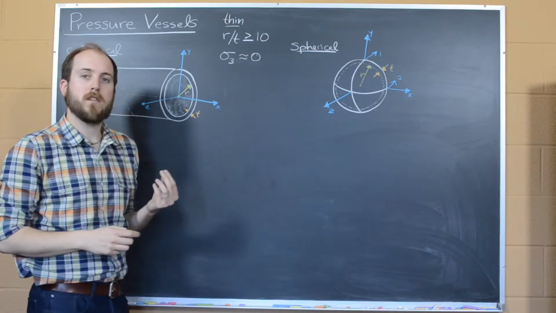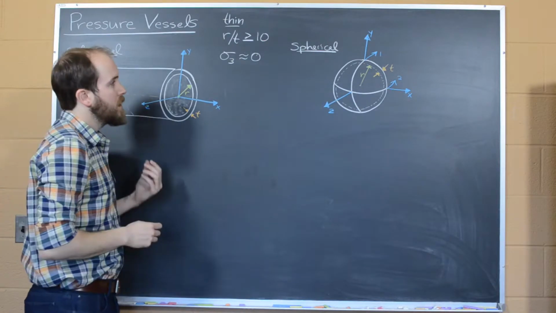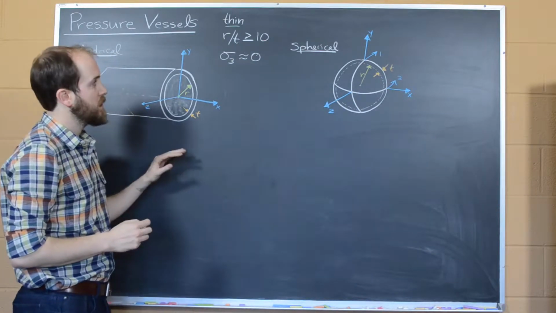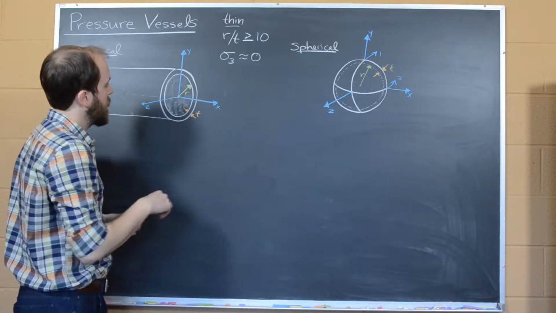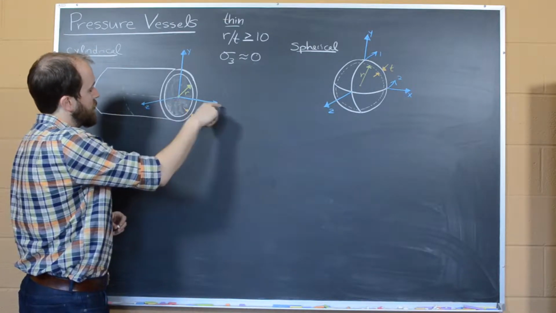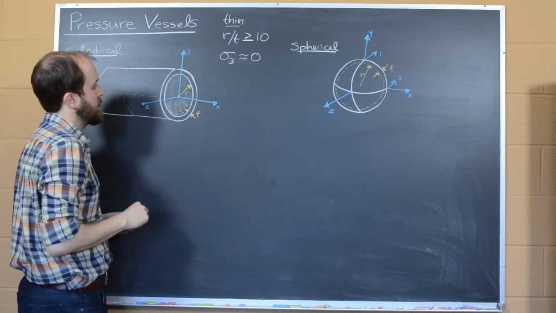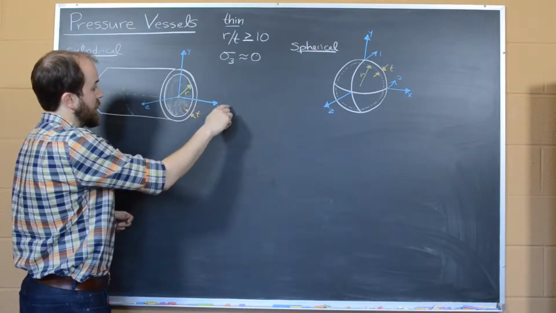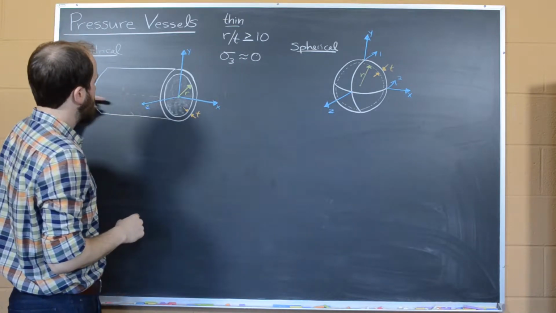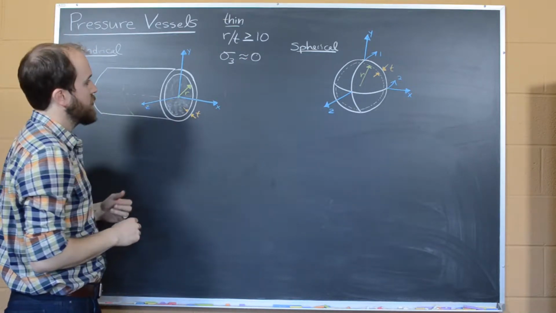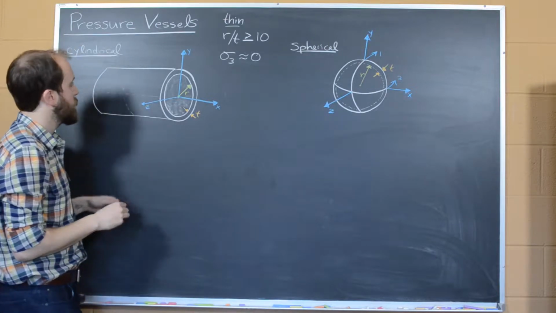And so we're only left with 2 stresses. The other thing that we're going to do, that's a little bit different to what we've done up until this point, is instead of focusing on stresses that run in the directions of the coordinate axes, so in this case sigma x or sigma y, we're going to look at stresses that run along the principal directions of the structure.